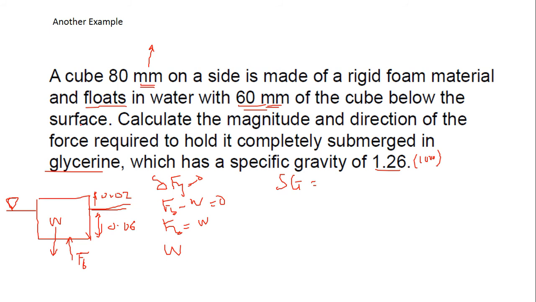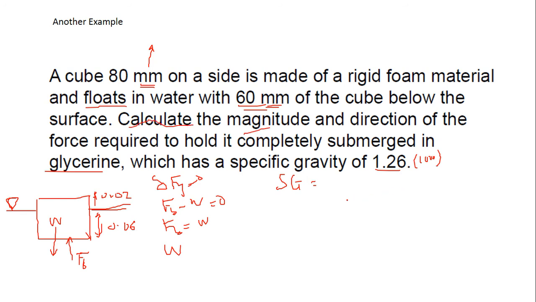Density apa? Density block. Mana density cube? Kat mana tulis? Dia tak bagi volume. Tak ada, ni untuk water, ni glycerin kan? Yang cube tu tak payah buat apa pun kan? Saya tak payah buat apa pun sebab dia tak cari pun.